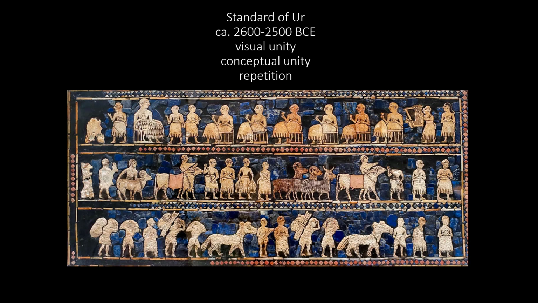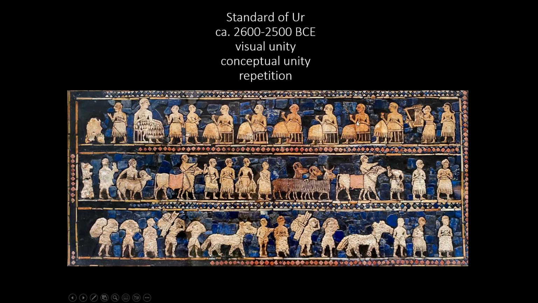Now, we can get more specific than this if we want to. There is visual unity, and there is conceptual unity. With visual unity, it means that everything looks the same. So we've got, for example, these guys, and they're wearing the same skirt with the fringe.